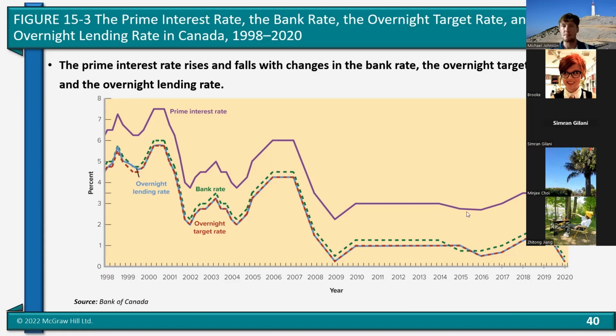So the prime interest rate is always higher than the bank rate, overnight lending rate, and overnight target rate.